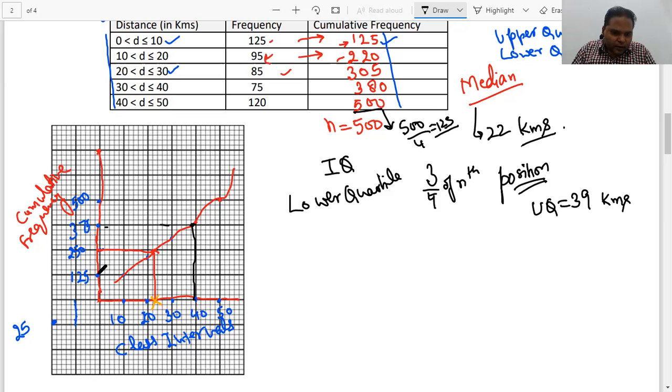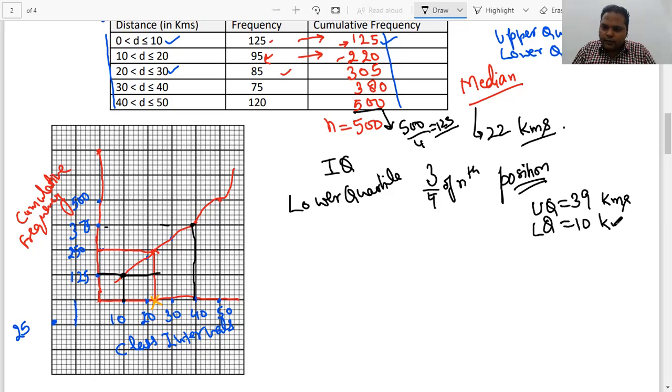So that is like this. And if we take this line like this, it is intersecting our cumulative frequency line here, and from here we will drop this line. So 10 is the lower quartile.